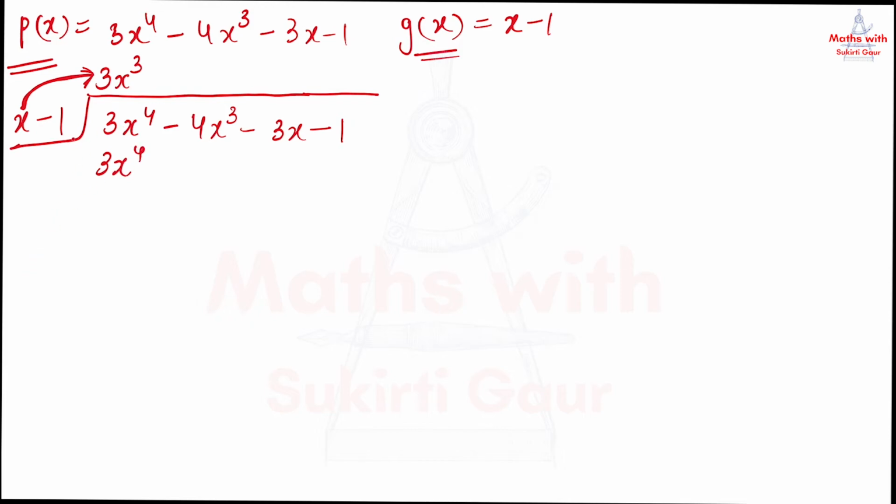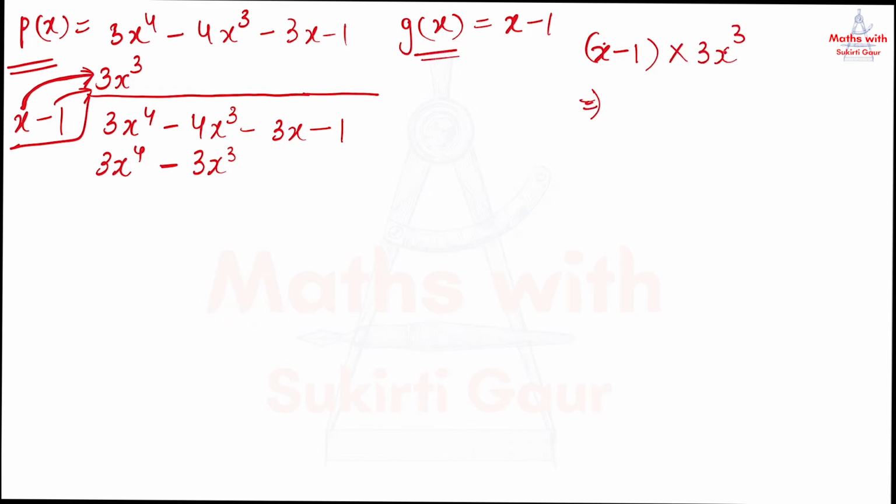Yes, but along with this 3x to the power 4, we are also going to get one more term, which will be minus 1 into 3x cube, and that will be minus 3x cube. What is happening here? Let me dive into this more. The thing that happened is x minus 1 into 3x cube.